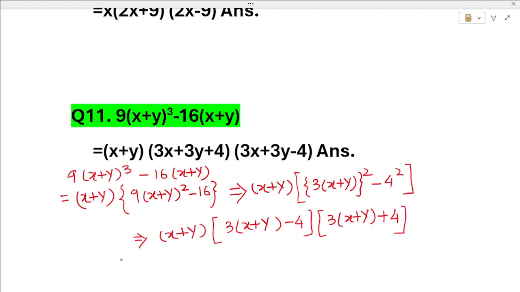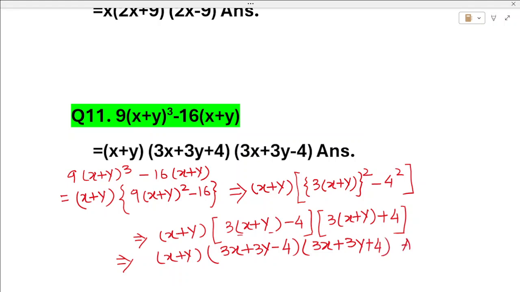Now you can open the bracket inside, x plus y, so it will become 3x plus 3y, minus 4, and the other bracket is 3x plus 3y plus 4. So this is our answer for the above question.